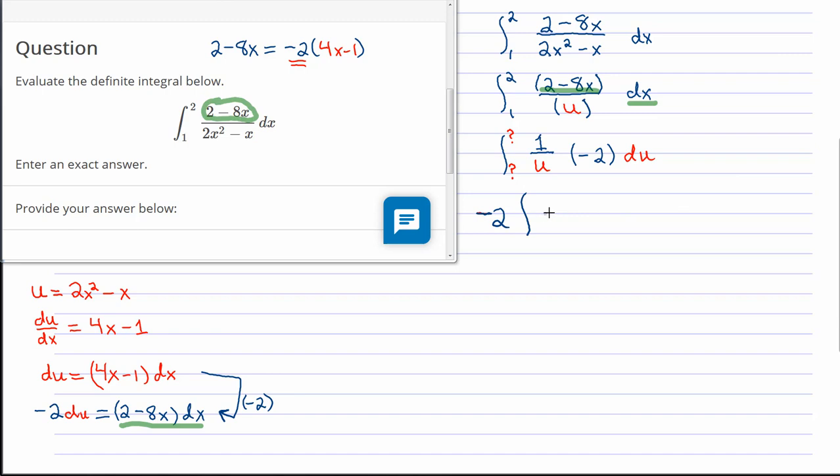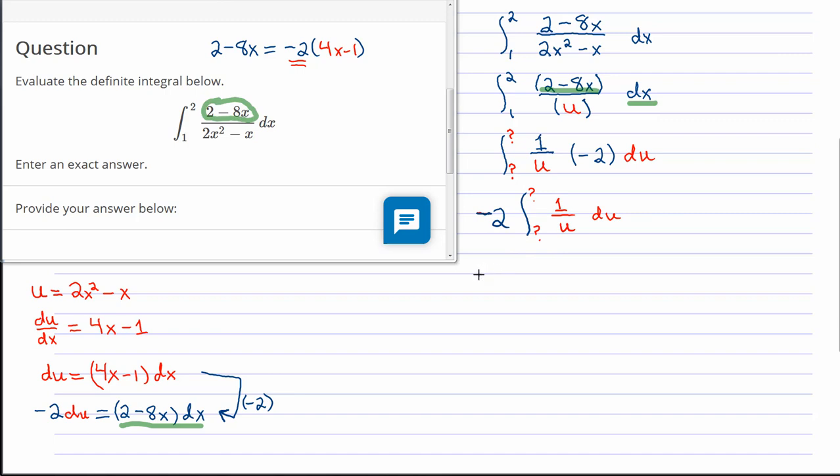And now we've got the integral of 1 over u du from question mark to question mark. Okay, and so now this is a definite integral, even though I don't know those limits. It's still a definite integral, because those are some numbers. I'm just lazy, or well, not lazy, but I haven't taken the time to figure out what those numbers are.